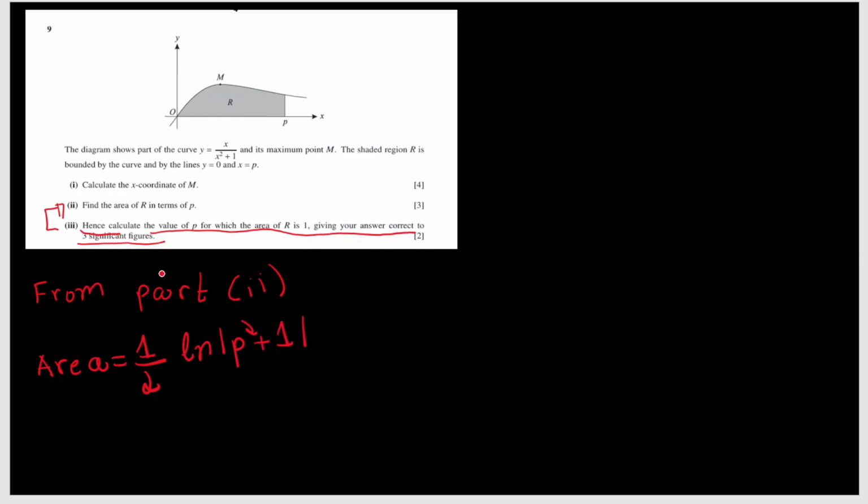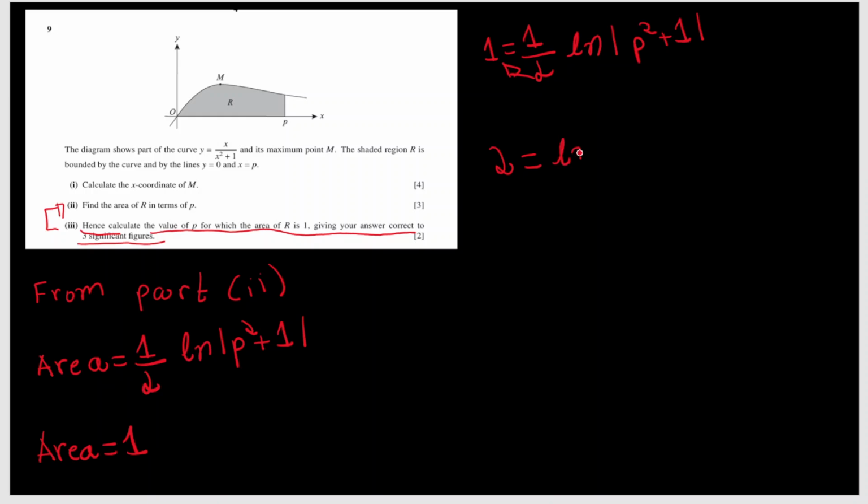The area given in the question is 1, so we substitute area is equal to 1 into 1 over 2 ln p square plus 1. So the 1 over 2 is just going to get multiplied over here, and we're left with 2 is equal to ln p square plus 1.